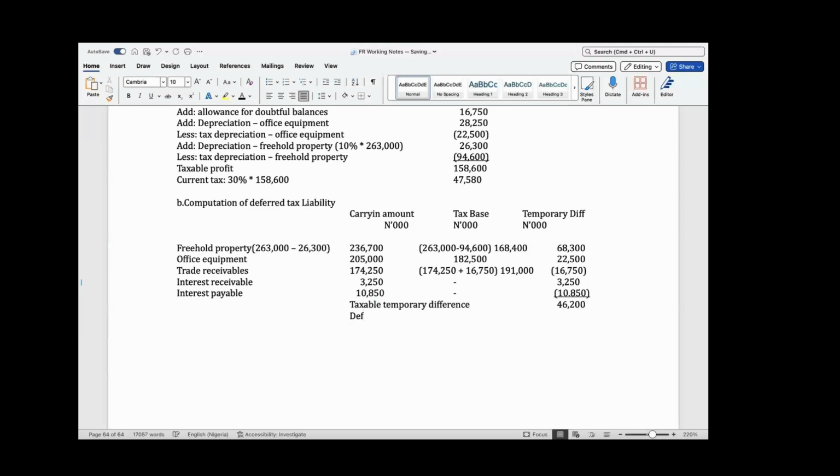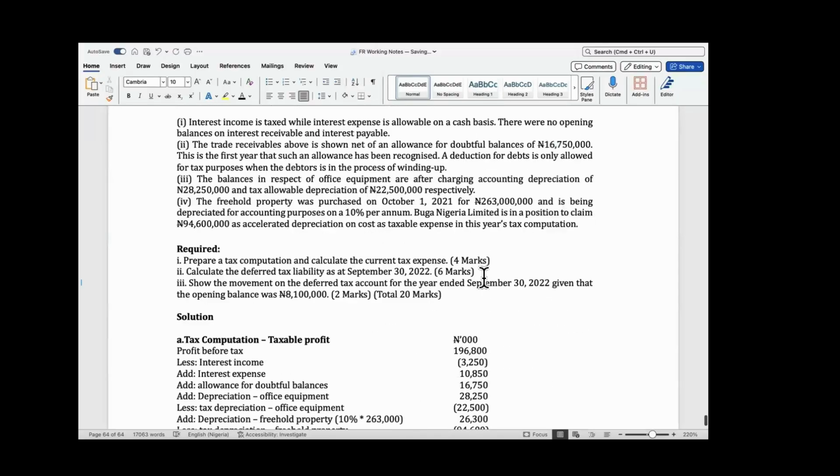Yes. Okay. So I'll have deferred tax liability, which is 30% times 46,200. How much is that? 13,860. Okay, that's my deferred tax liability.